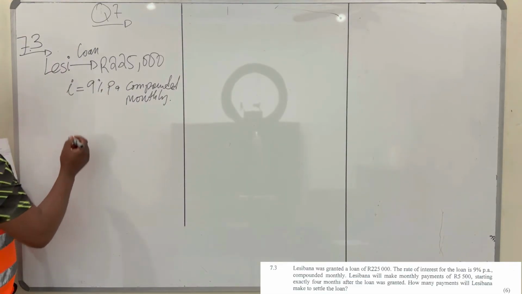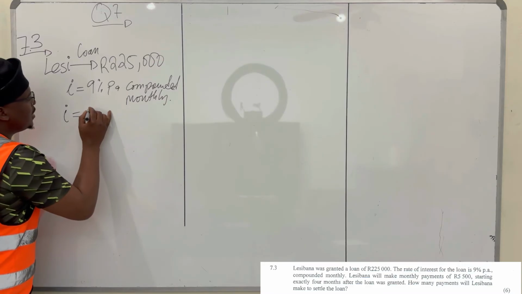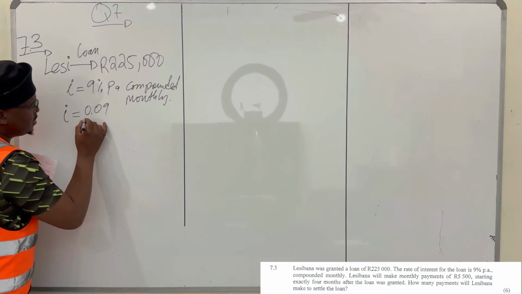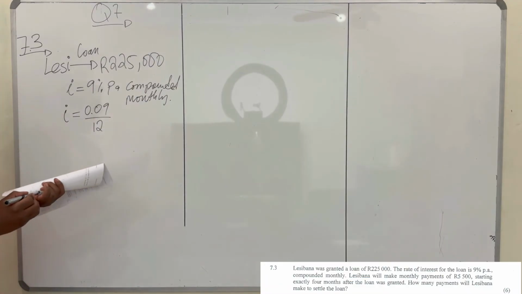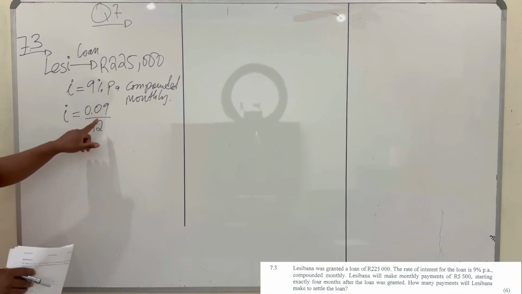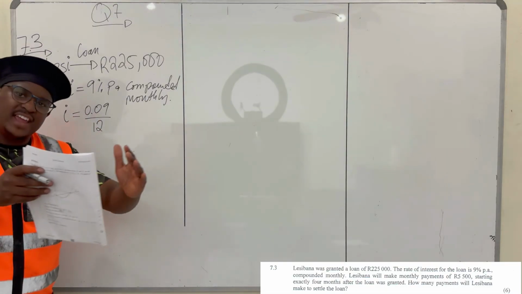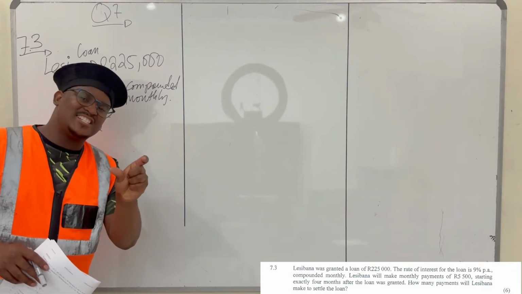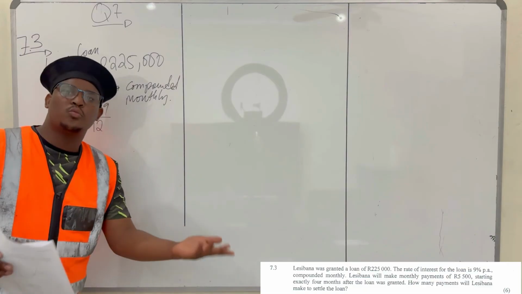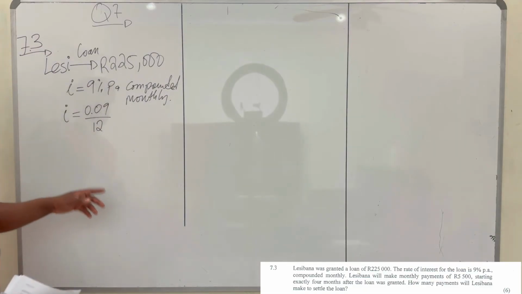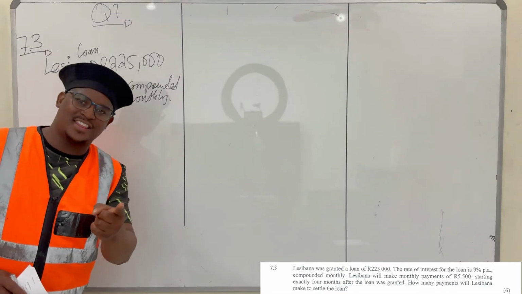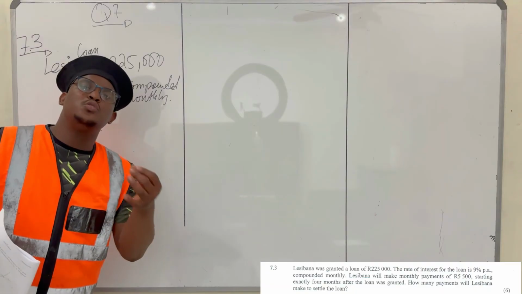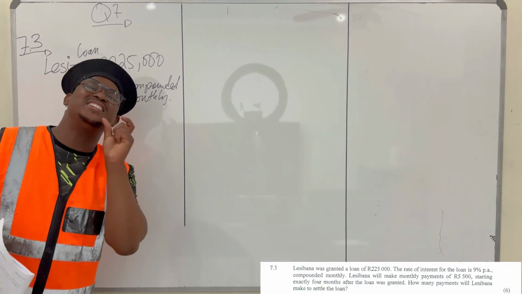How do you get that? It's okay. It will be your 9%, because 0.09 is 9%, divided by 12. So this 9% that is earned over a year, you divide it by 12 so that you know what the interest is each month.